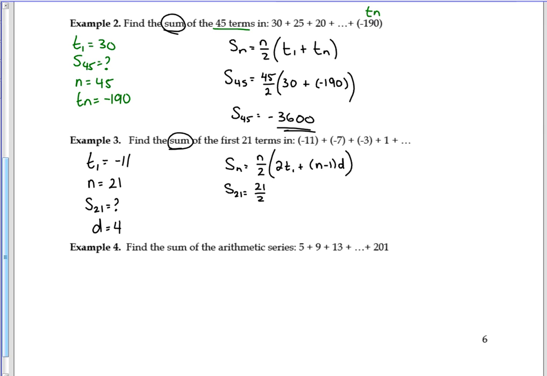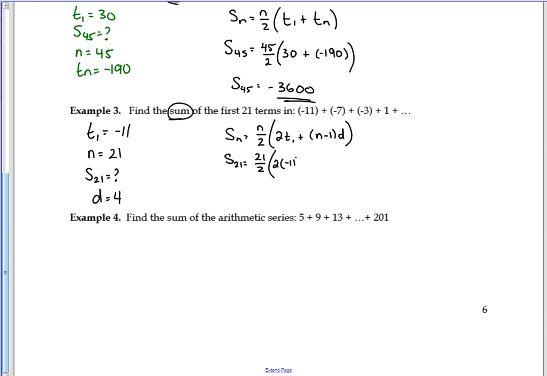21 divided by 2 times 2 times negative 11 plus 21 minus 1 and multiplied by 4.